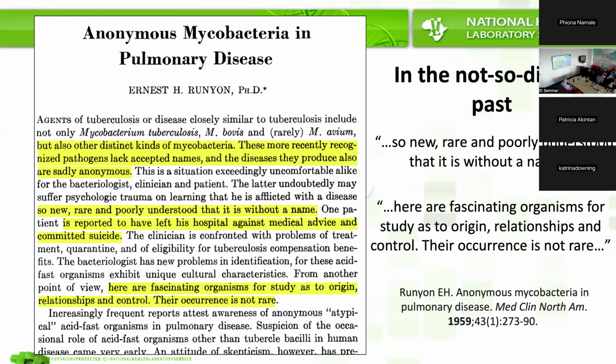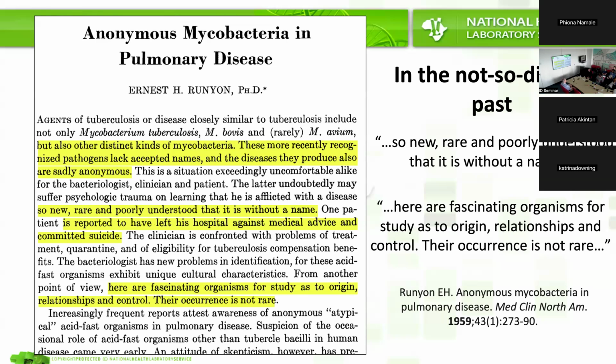He says there, these more recently recognized pathogens lack accepted names, and the diseases they produce also are sadly anonymous. This is a situation exceedingly uncomfortable alike for the bacteriologist, clinician, and patient. The latter undoubtedly may suffer psychological trauma on learning that he is afflicted with a disease so new and rare and poorly understood that it is without a name.